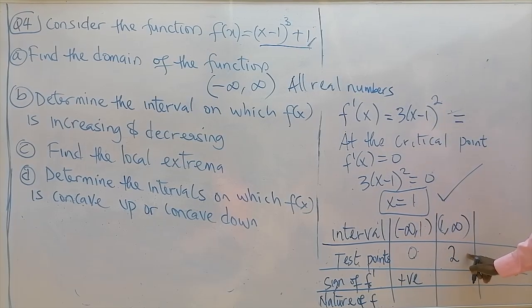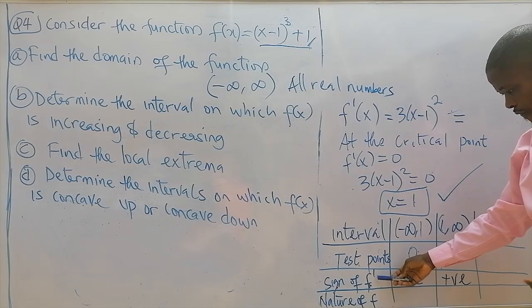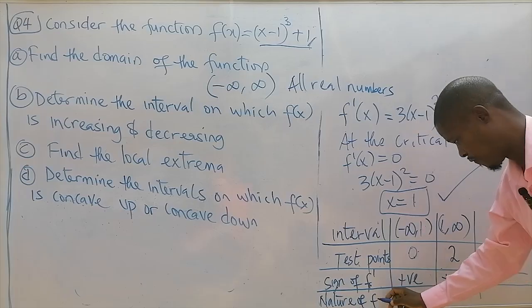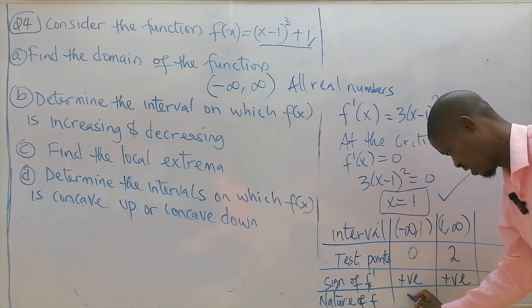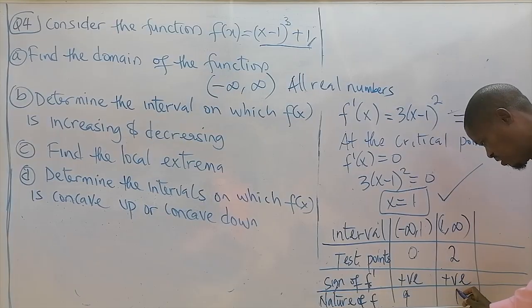If you put in 2, 2 minus 1 is 1, that's also positive. For the sign of f prime, we just want to know whether it's negative or positive. So the nature of f is increasing, because it's positive. It's also positive here, so it is increasing.